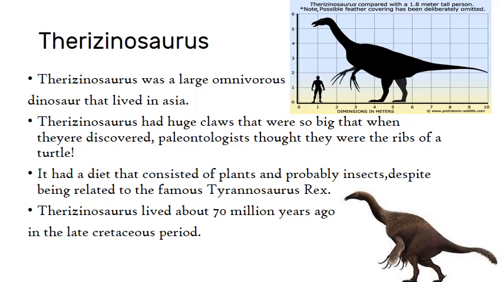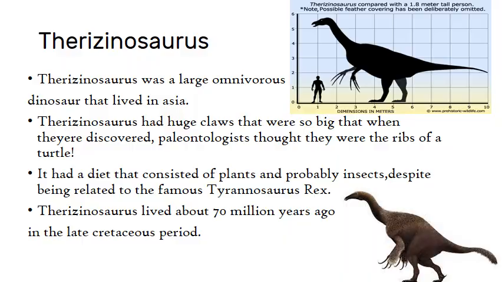This dinosaur lived about 70 million years ago in the late Cretaceous period, near the end of the age of the dinosaurs, and it was covered in feathers, like you can see right here. So let's go to the next one.